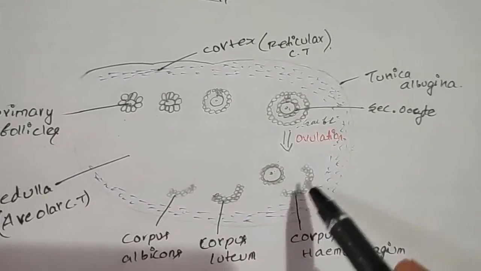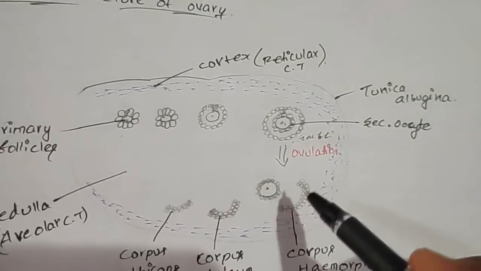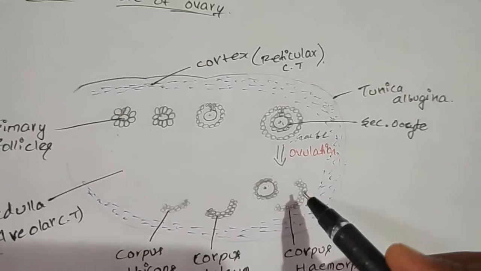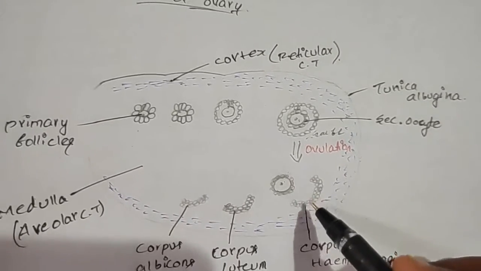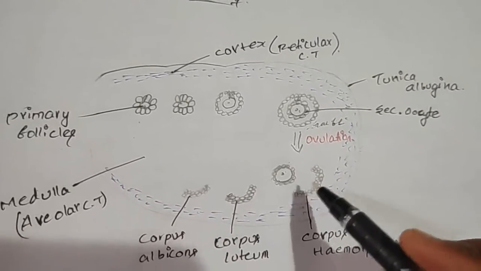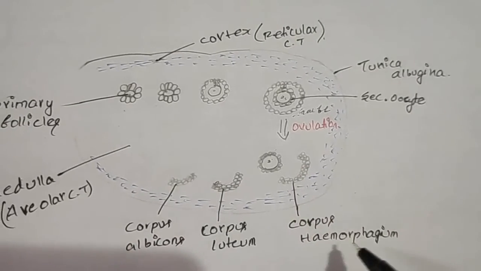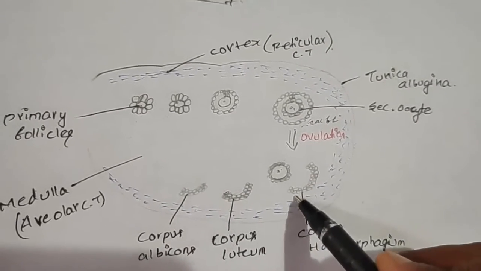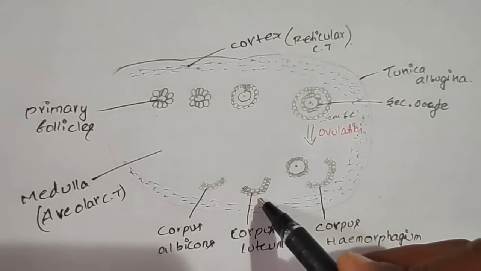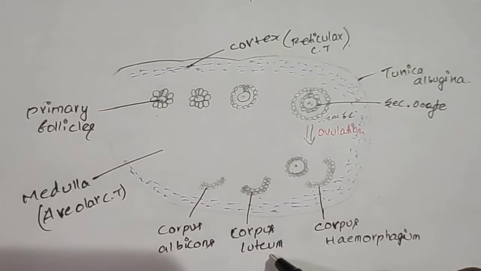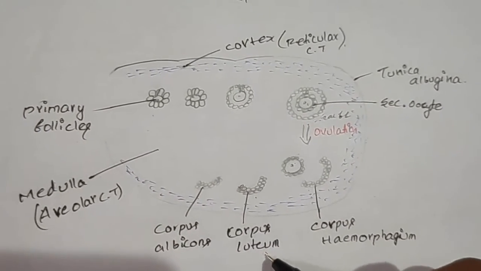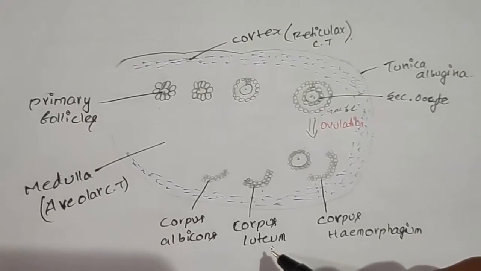During ovulation, along with the Graafian follicle, the blood vessels present in it also rupture, and this is known as the corpus hemorrhagicum. After some time it undergoes clotting, and the stage is known as the corpus luteum, the yellow-colored body, which is a temporary endocrine gland.